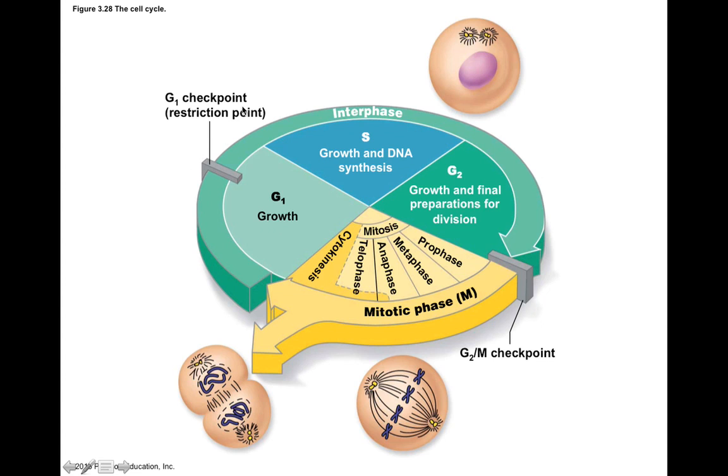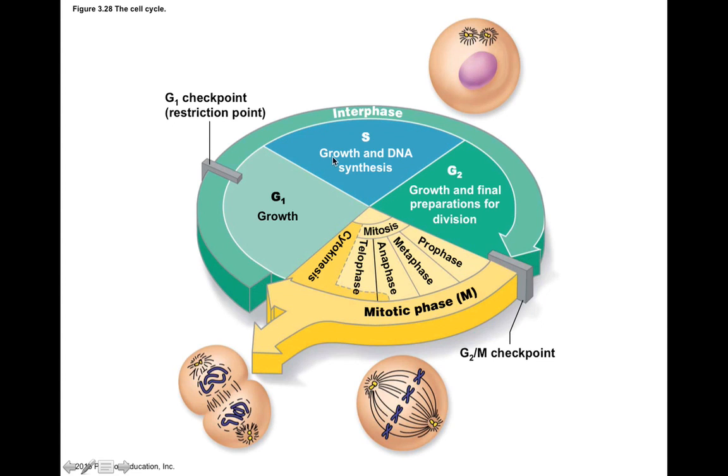Now, G1 is a restriction point, and this is where cells are typically held until they're basically going to start to prepare for division. So G1 is essentially a place where cells would hold while they're undergoing their just normal activities. And if a cell is prepared to divide, it essentially can continue on into S phase.